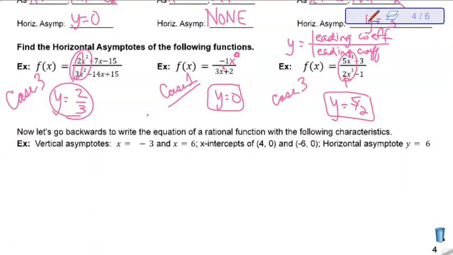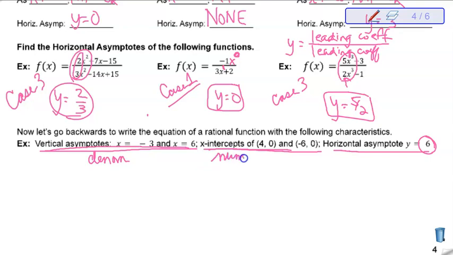Alright, so the last two in this section: we are looking for the equation of a rational function given these pieces of information, okay? Now we just talked about horizontal asymptotes. That's the ratio of the numbers out front. Vertical asymptotes, if you recall, come from the factors in the denominator. And our x-intercepts are where y is equal to 0, but for a fraction to equal 0, the numerator has to equal 0, okay?